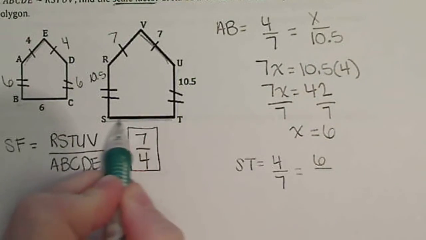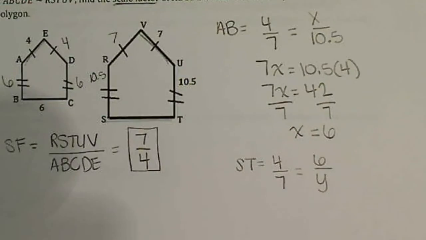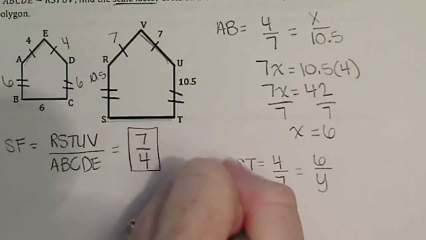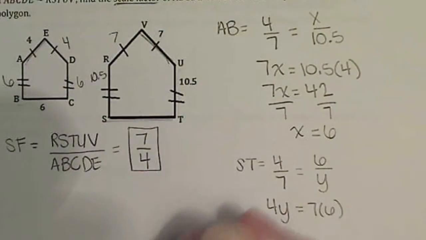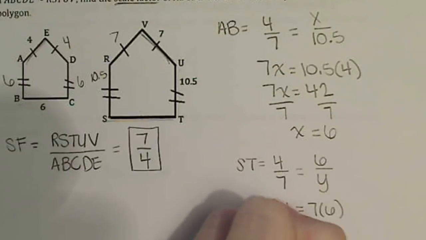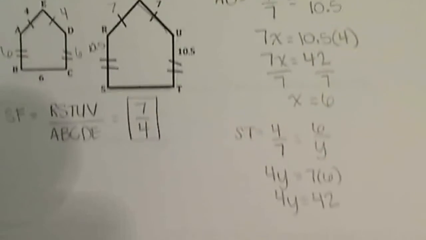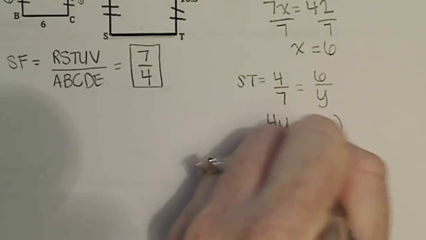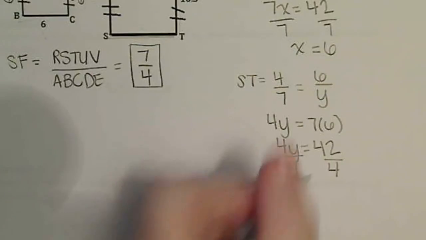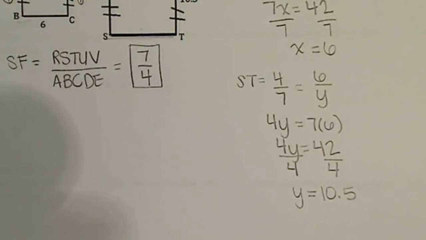And then let's give this the variable y. There's my proportion. Cross multiply. Simplify. Let's divide by 4. Okay, y equals 10.5.